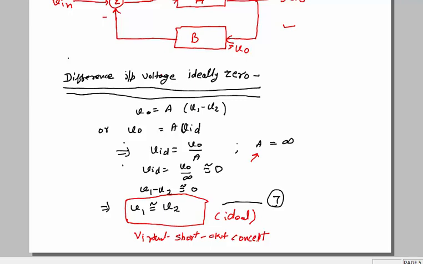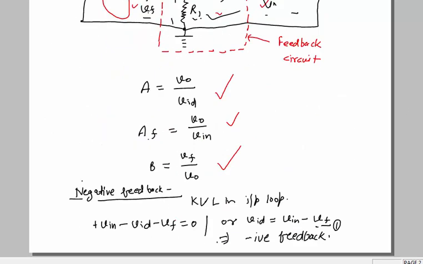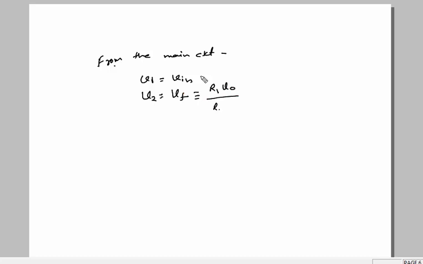Now from the main circuit, we see that V1 equals Vin and V2 equals Vf, which equals R1 V naught divided by R1 plus Rf.